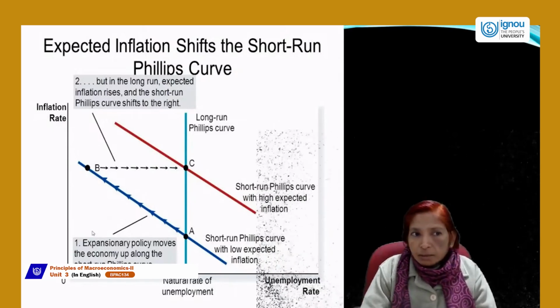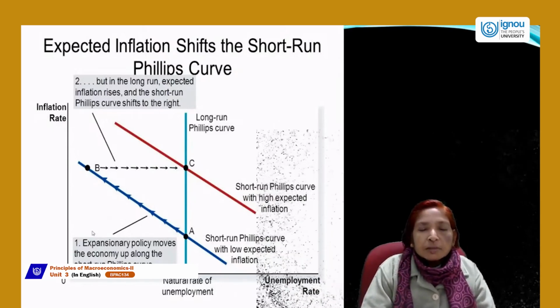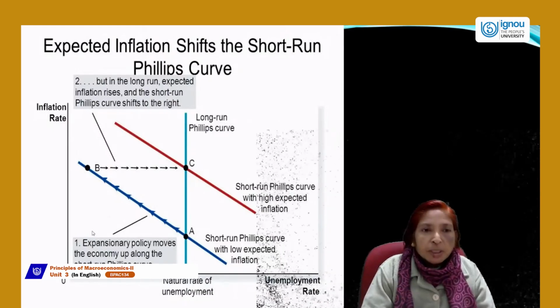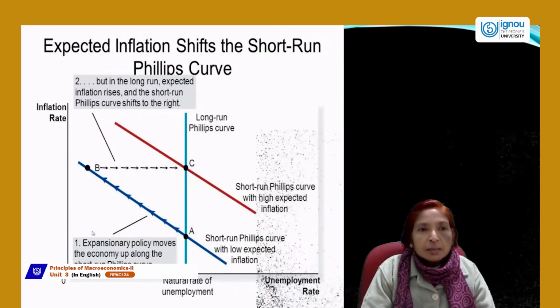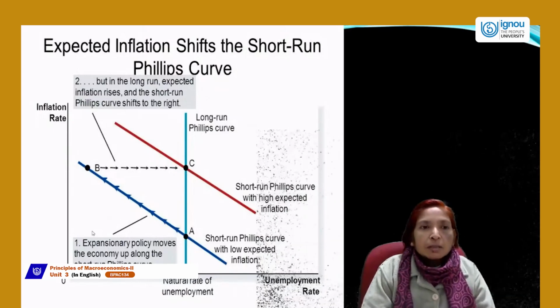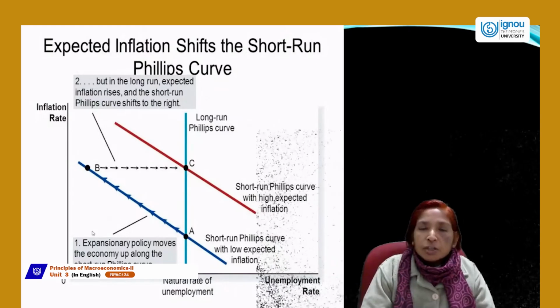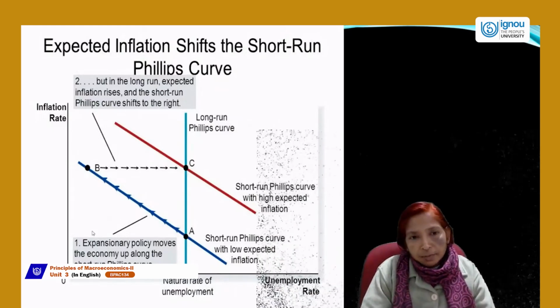In the long run, when expected inflation rises, the short run Phillips curve shifts to the right. If we expect that inflation will rise in the future, then in the short run, the Phillips curve will shift to the right hand side.